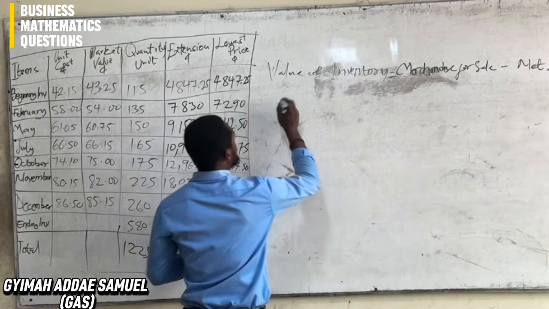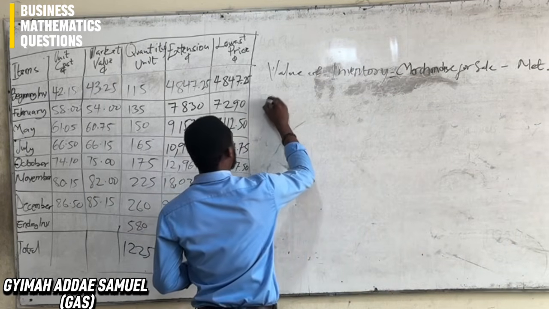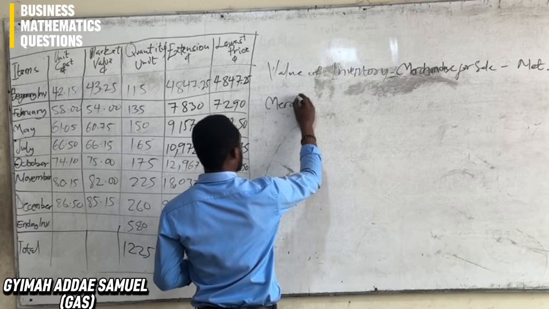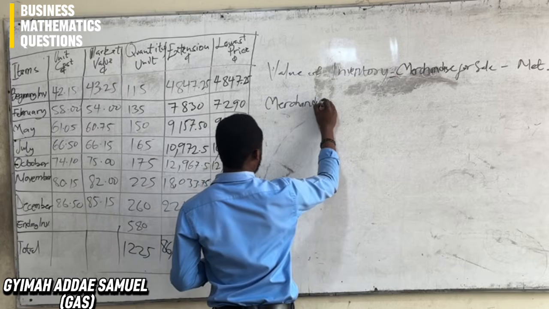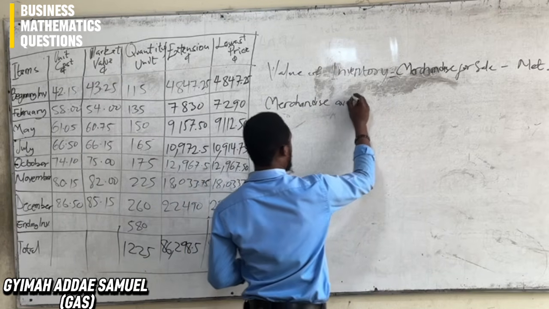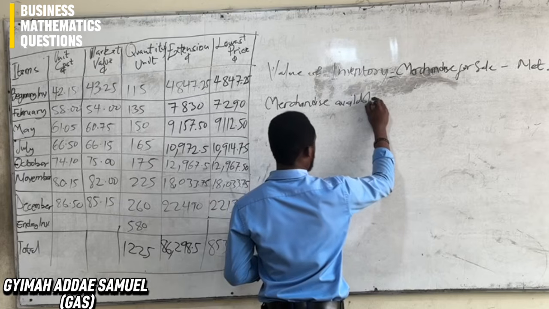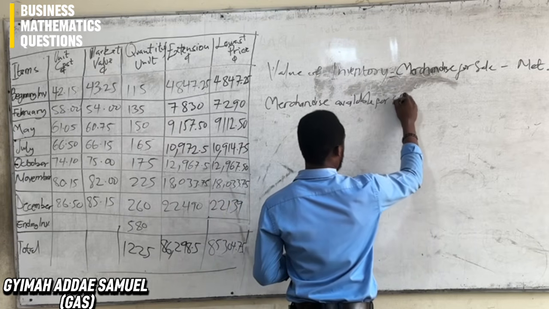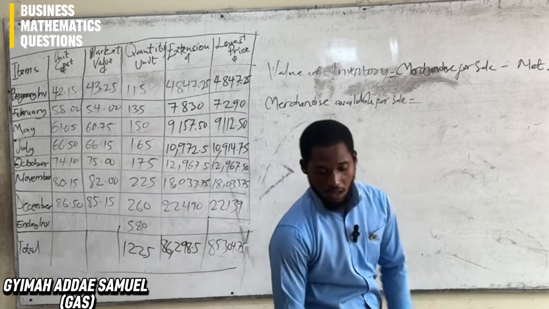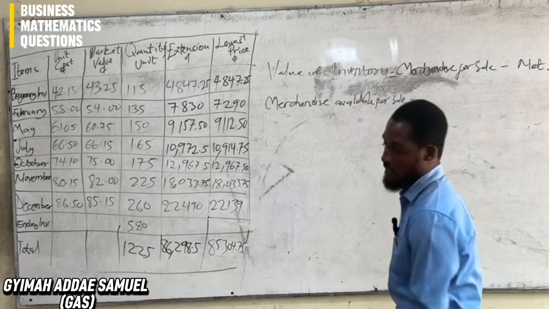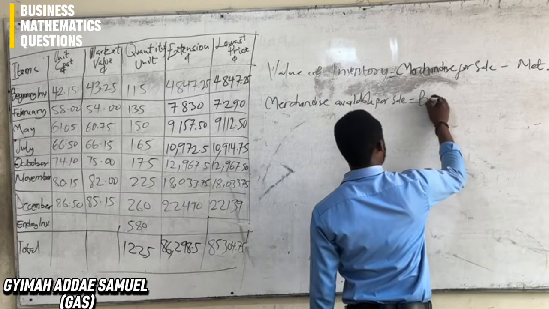So the merchandise available for sale amounts to beginning inventory plus purchases.